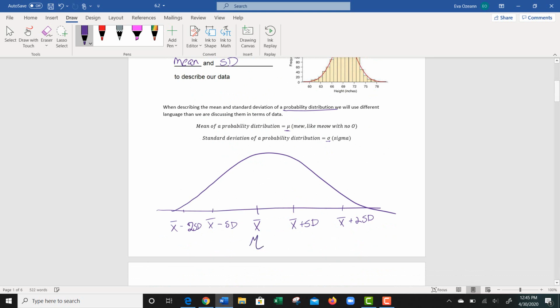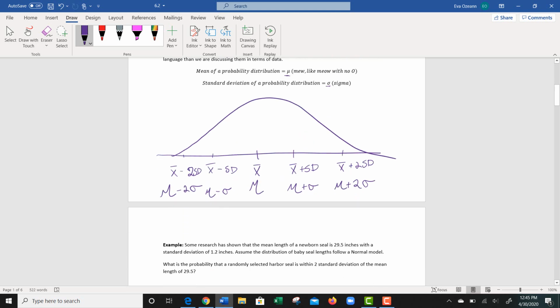Instead, you might see mu plus sigma, mu plus 2 sigma, mu minus sigma, and mu minus 2 sigma. The only reason that we use different notation is so that the reader or whoever's looking at our data knows that we don't have raw data. We use a computer system to create it for us.